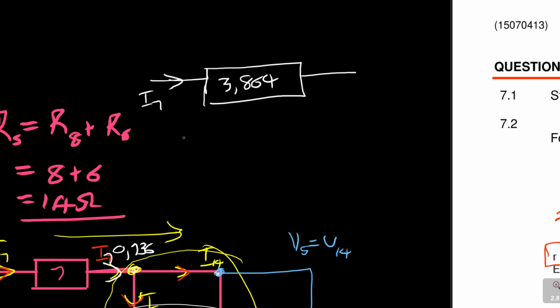We know the current. What is the current? That's the current that entered, 0.736 amps. Now we find the voltage there.